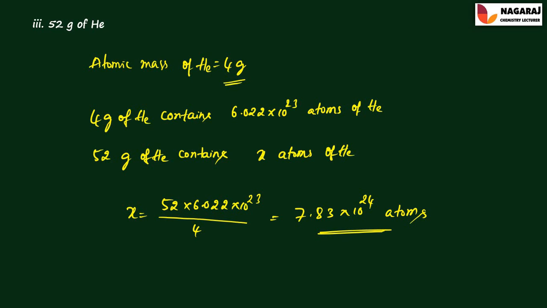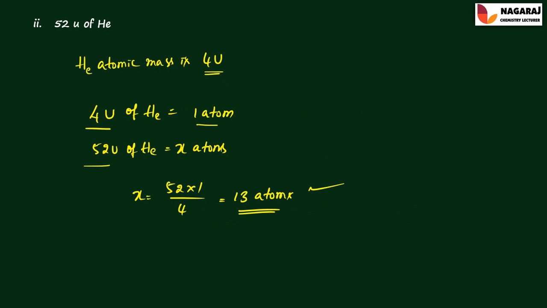Right? So the difference between the previous problem and this problem is, in the previous problem it is to be explained in terms of U, unified mass. So 4 U is nothing but one atom, so 52 U means 13 atoms.